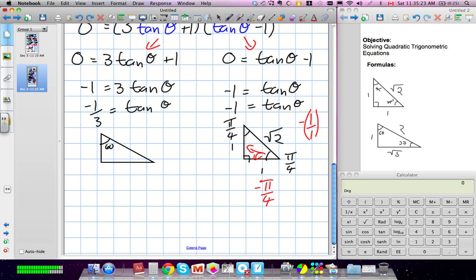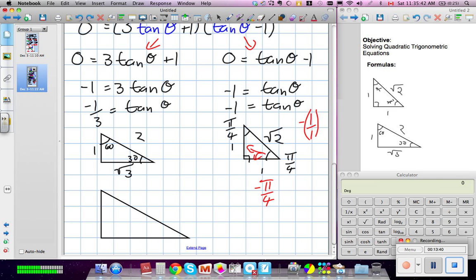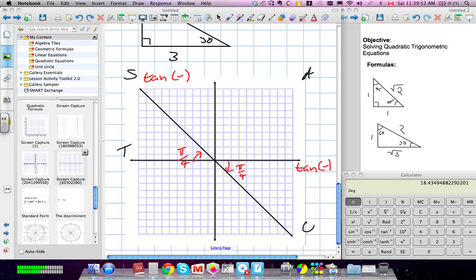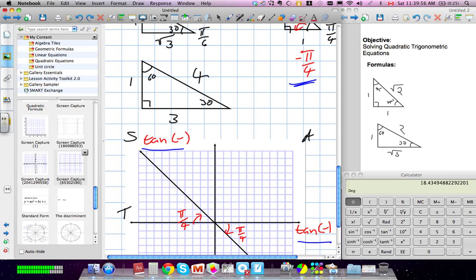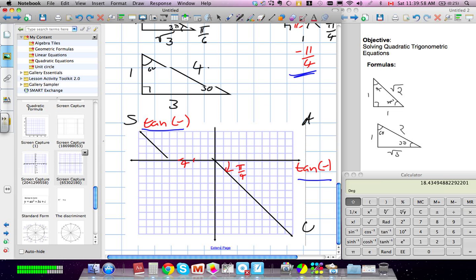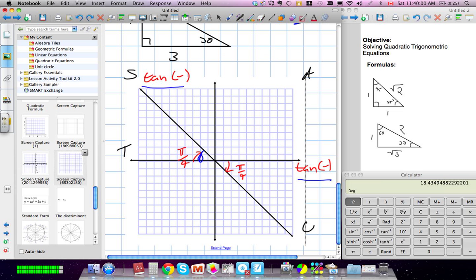Now technically our special triangle is written like this. 60, 30, root 3, 1 squared. Now, if we use a similar triangle, we were looking for when tangent was negative, because we had -45, -pi over 4, I always call it 45.